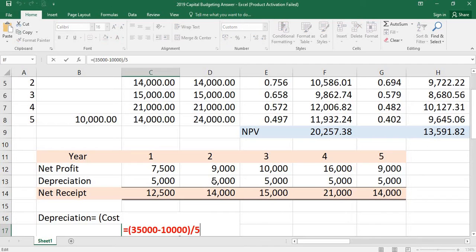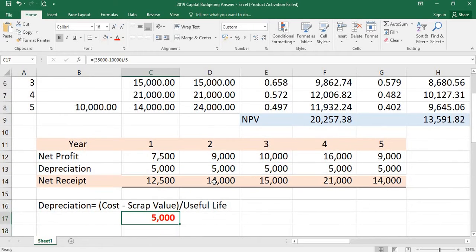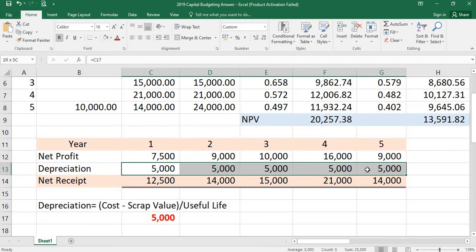According to the information given for project A, 35,000 is the initial cost of the machinery, minus the scrap value he is telling, 10 million, over a lifetime of 5 years. The straight line method of depreciation is applicable for this project according to the question. Therefore, for each year we have 5,000.